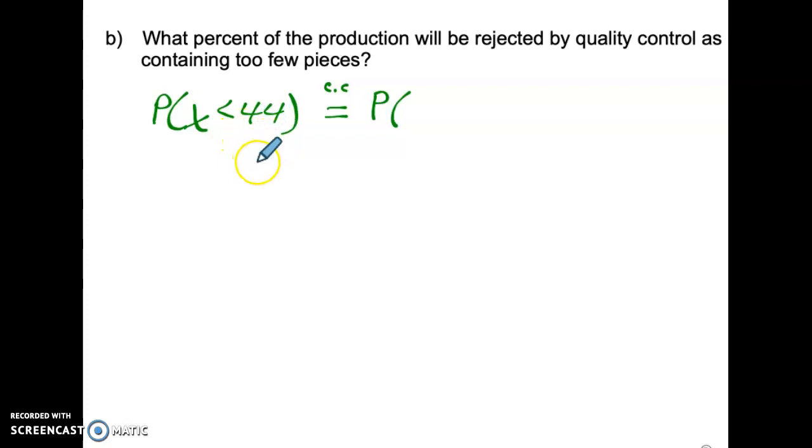So we want it to be less than 43.5, because if you take any number less than 43.5, it's going to round to 43 or below.